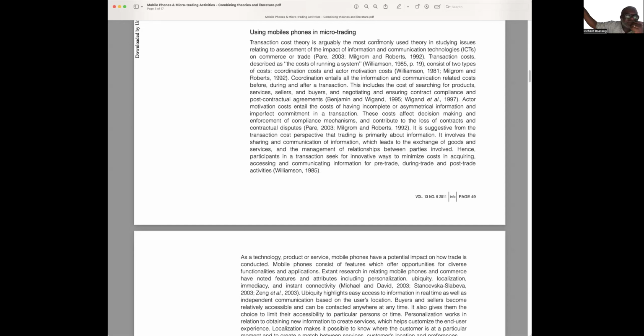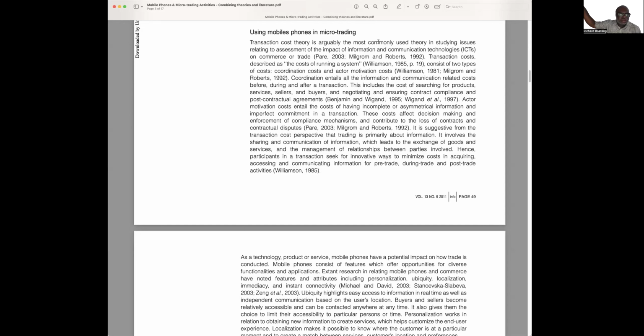Okay, actor motivation costs entail the cost of having incomplete or asymmetrical information and imperfect commitment in a transaction. These costs affect the decision making and enforcement of compliance mechanisms and contribute to loss of contracts and contractual disputes. It is suggested from the transaction cost perspective that trading is primarily about information.